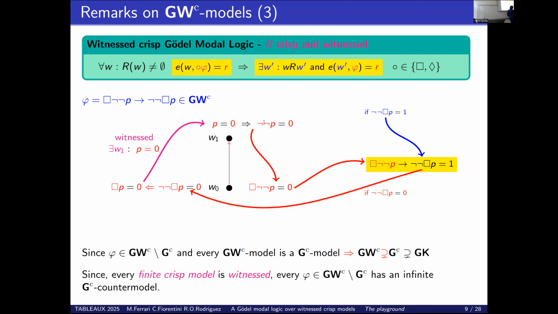Indeed, this formula is 0 only if the antecedent is 1 and the consequence is 0. But if the consequence is 0, following the red line, you have that box P must be 0. The model is witnessed, so you have a successor where the value of P is 0.